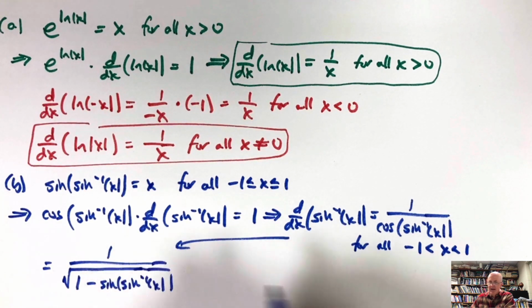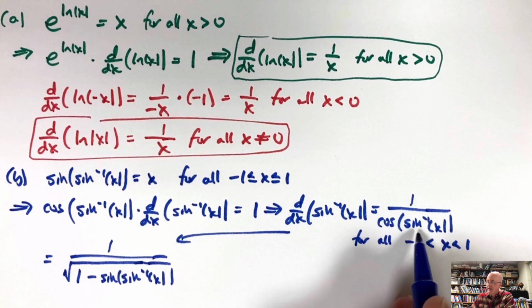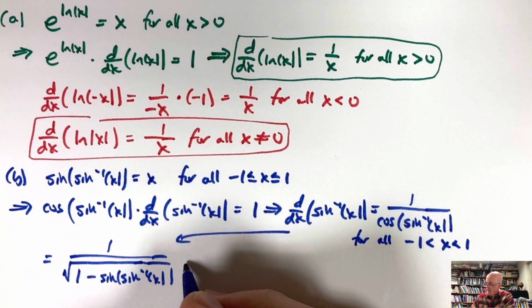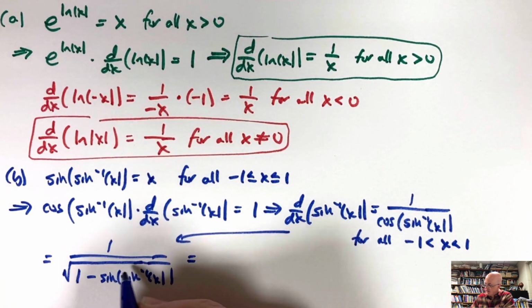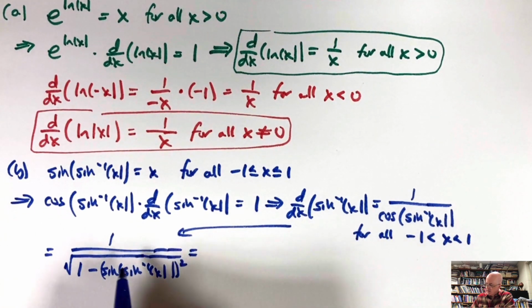Actually, here's a brief justification for why we can take the positive square root. Inverse sine of x will give you an output between negative pi over 2 and positive pi over 2. First or fourth quadrant, if you want to think that way. The cosine of such an angle is positive. We can take the positive square root. And, oh, I forgot something. This needs to be squared. You could put the square here as well.